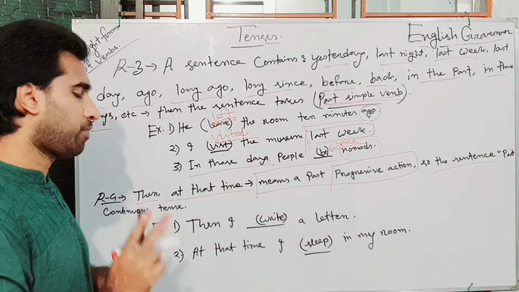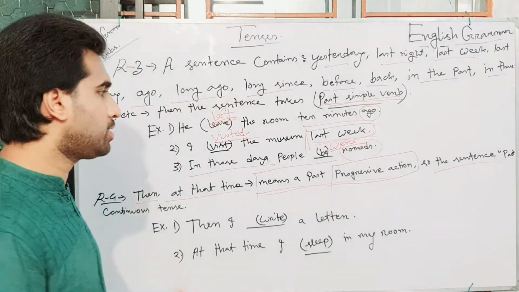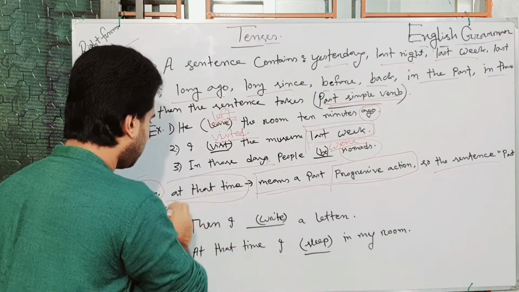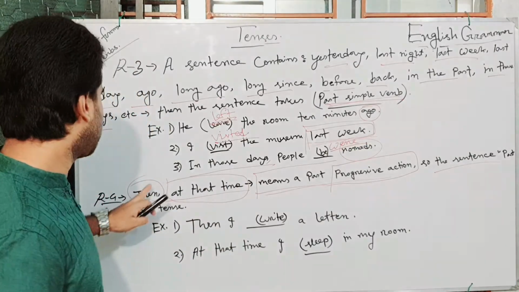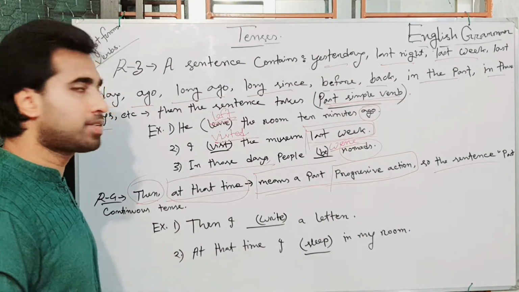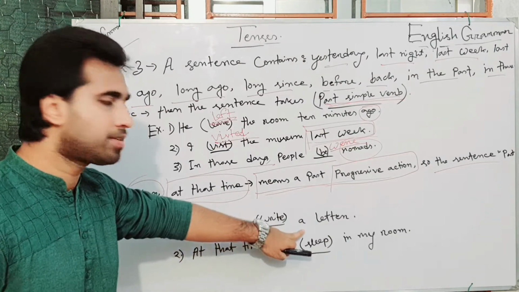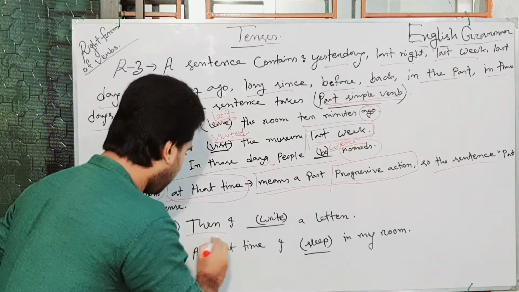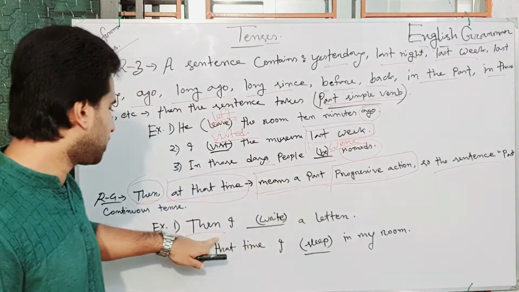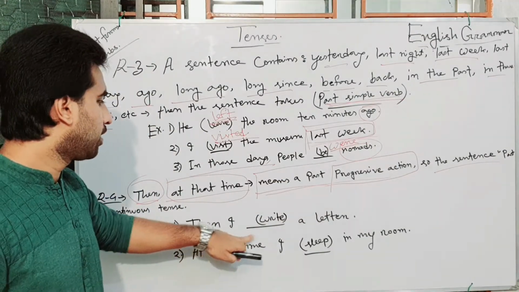When we use a verb in this sort of sentence, we have to think about these words, because if we find them, we have to use a past progressive or past continuous tense. Look at this example: then I dash a letter. As then refers to a past progressive action, the sentence must be in a past continuous tense. Then I was writing a letter.